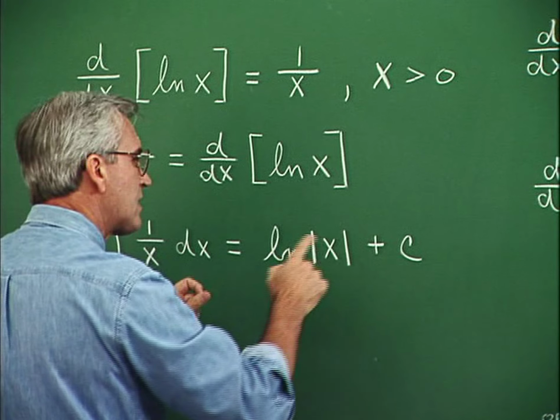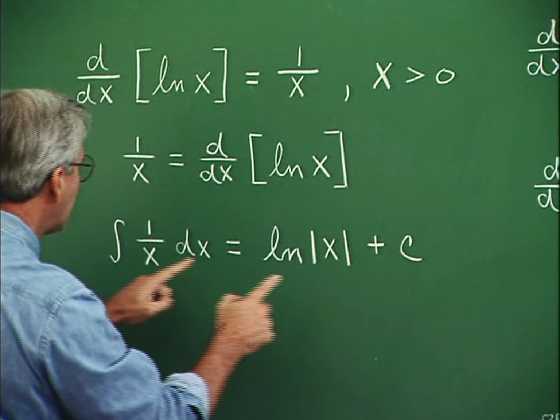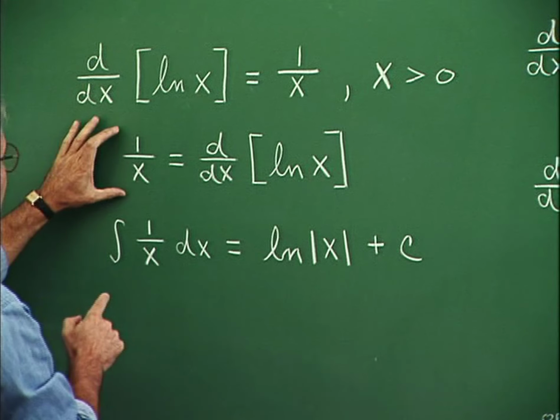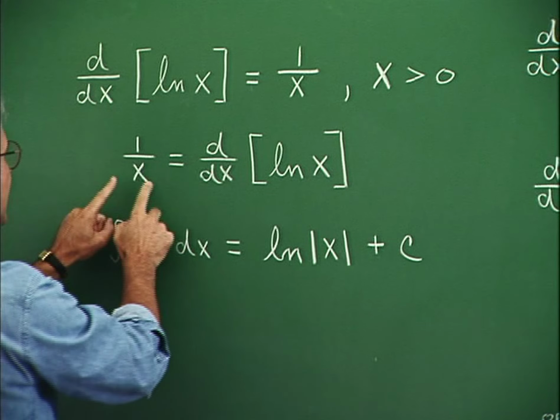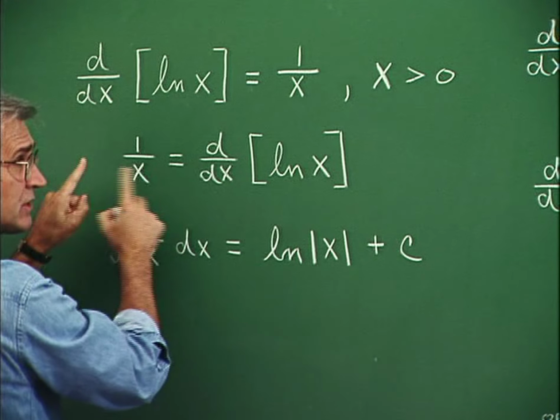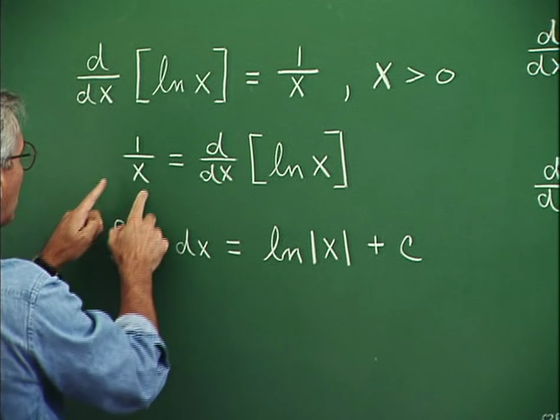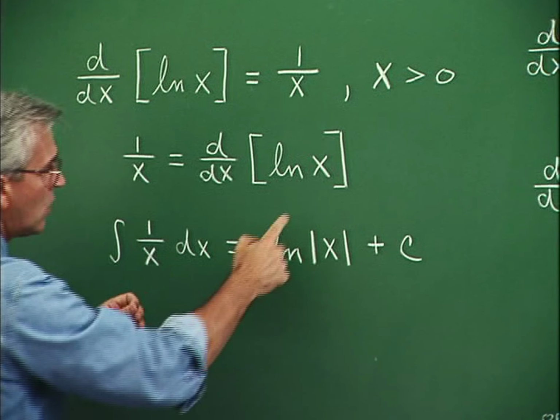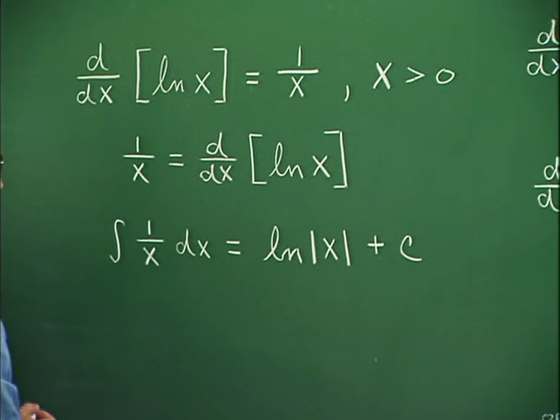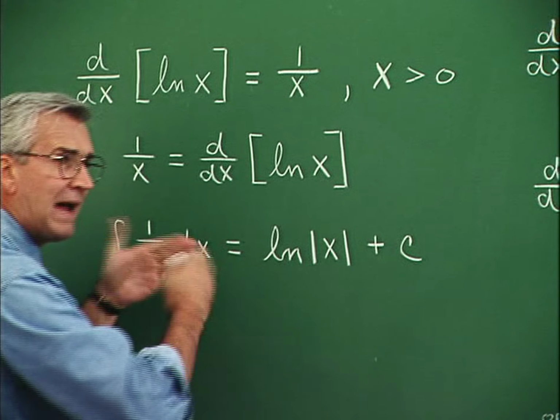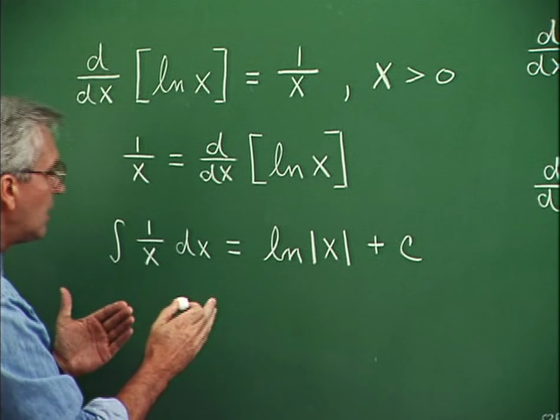It's necessary because if we're starting with 1 over x, we would like to be able to integrate whether x is positive or negative. To guarantee that the ln part makes sense, we apply that absolute value idea.